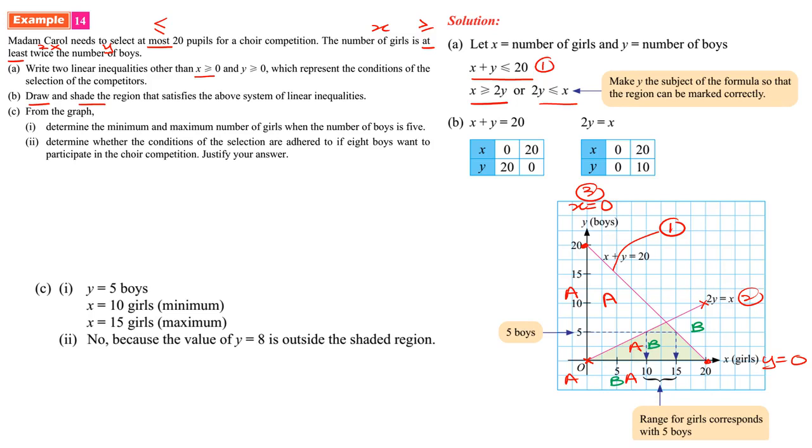Okay, and the third line is x greater than or equal to 0, the region on the right, so we use letter C to mark it.